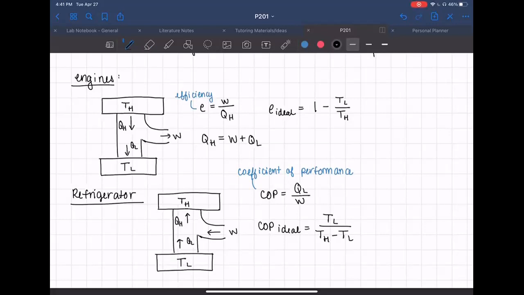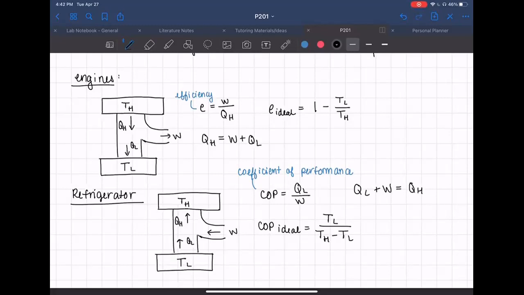And then this general expression, QH equals work plus QL, would apply to the refrigerator or the engine. I guess for the refrigerator it would be the other way around. It would be QL equals... oh no, yeah, it would be the same. QL plus work, it's just going in the opposite direction, is still equal to QH.